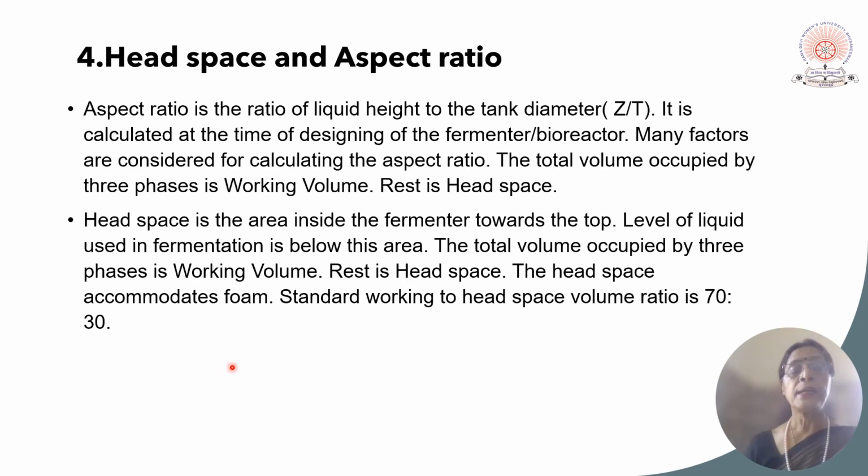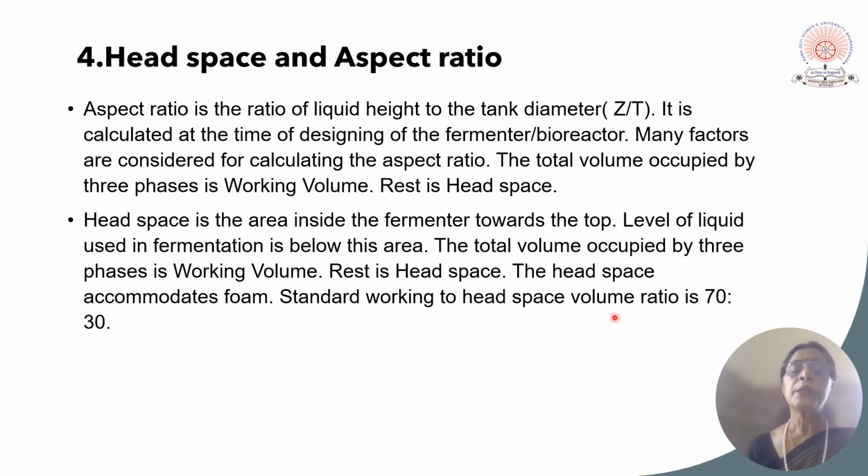Head space and aspect ratio. Inside a fermenter, there are two areas. One is the working volume, the other is the head space. Working volume is the area in which the actual process occurs, the microbial culture or the cell culture happens, and above that space, there is an area called the head space to accommodate the foam and to accommodate the gases for their release, like carbon dioxide.